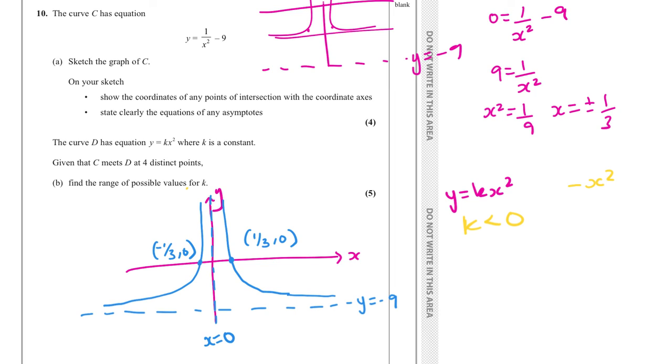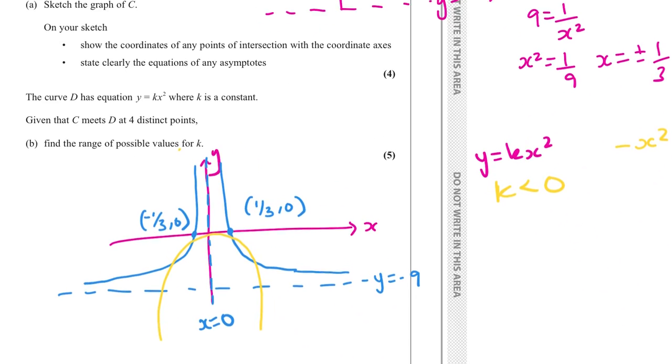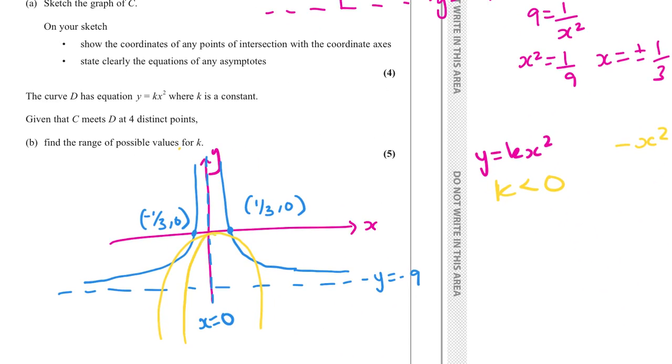Okay, so we know that we're looking for something like this. Now we have to know, so it's got to be less than 0 and what? Because obviously, if we were, for example, we need to find what else, because we could also be here, and this would have no solutions.